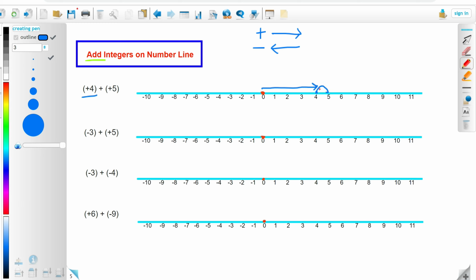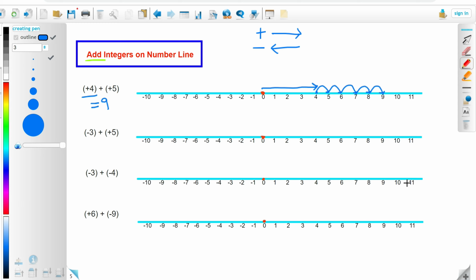That means 1, 2, 3, 4, and 5. Where do you reach? 9. And therefore, you can write this as equal to 9. You get the idea. So go to 4 and then further 5, to the right, since positive 5 is there, correct? So we are adding a positive integer. So we get a bigger number, which is also positive.